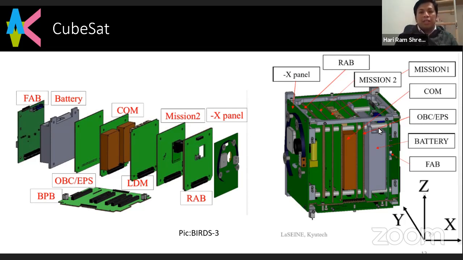In BIRDS-4 we have more mission boards, because BIRDS-4 has a reaction wheel system as well as many missions, so we add more mission boards. Everything else is similar; we just replace the mission board in one place only.